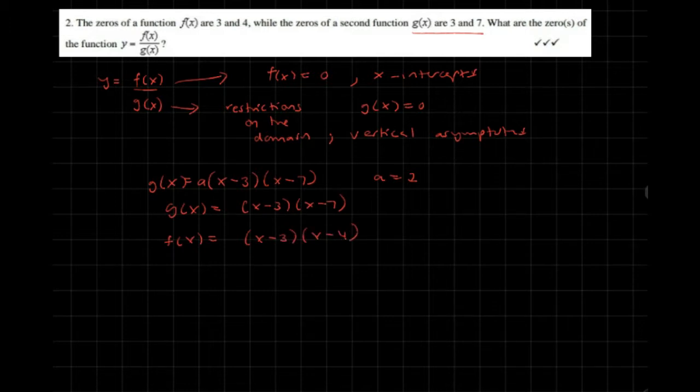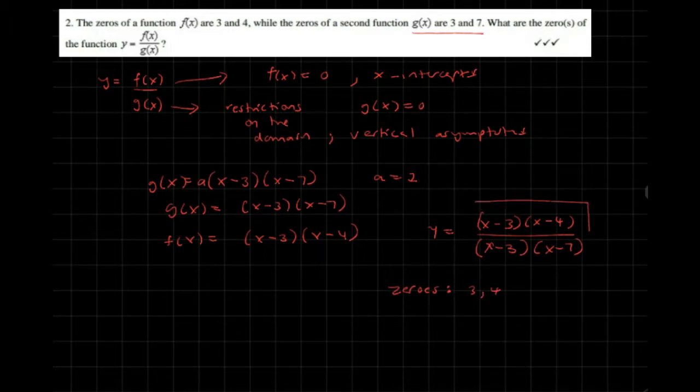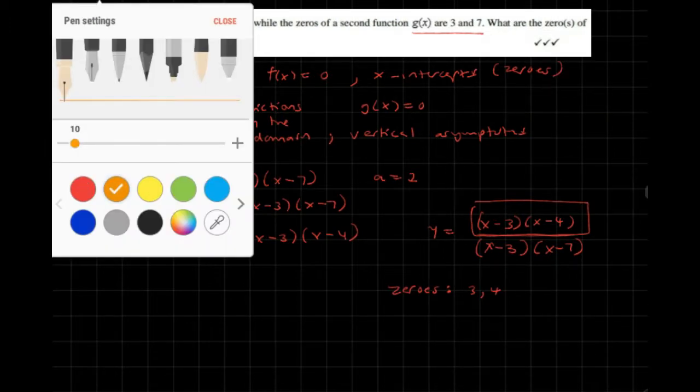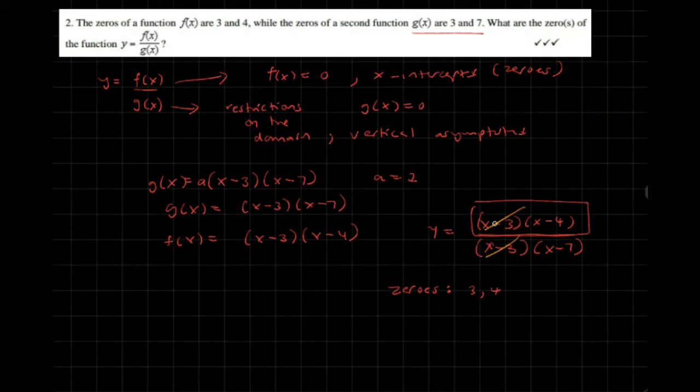And then what are the zeros of the function y is equal to f of x over g of x? Well, the function y can be equal to x minus 3 times x minus 4 over x minus 3 times x minus 7. You can see that the zeros initially will be 3 and 4 because they're the x-intercepts, and x-intercepts are another name for zeros. However, there is a hole that occurs at x equals 3.